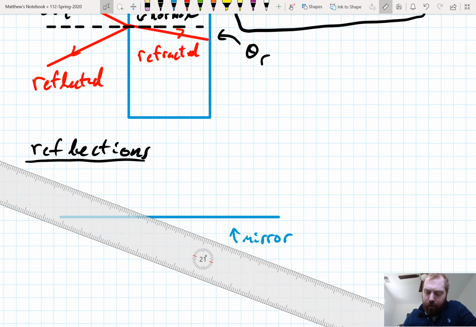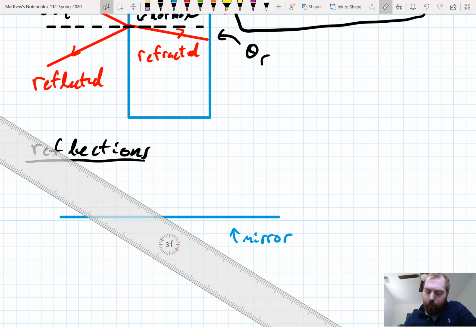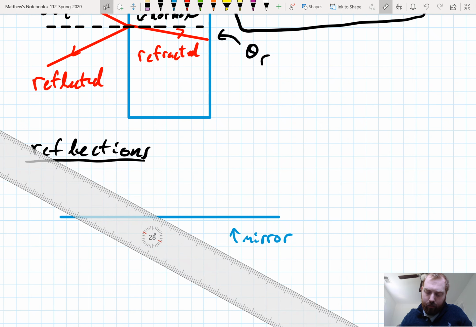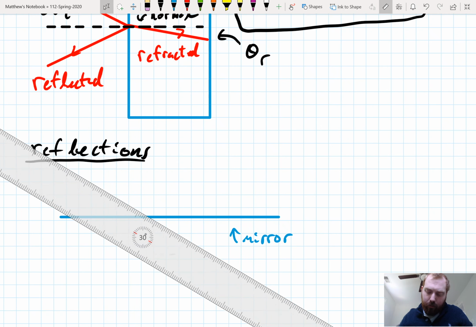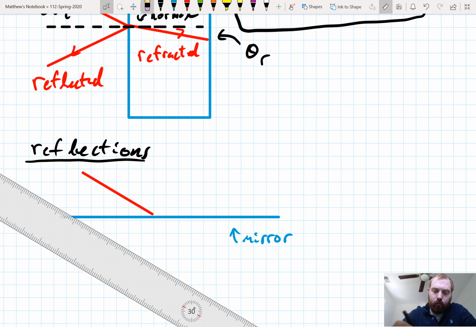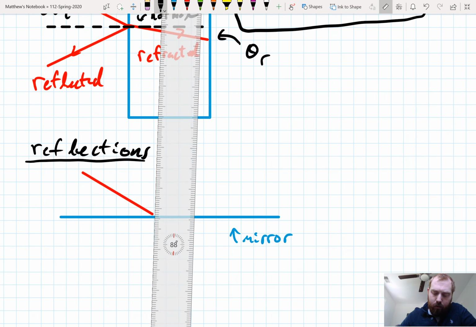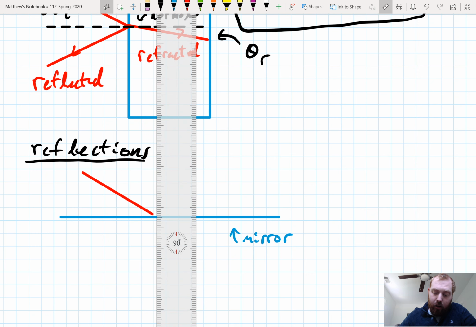So I'll come in at a nice 30 degrees. Well, the ray comes in. Here's our normal. I'm going to keep using the straight edge a lot today.